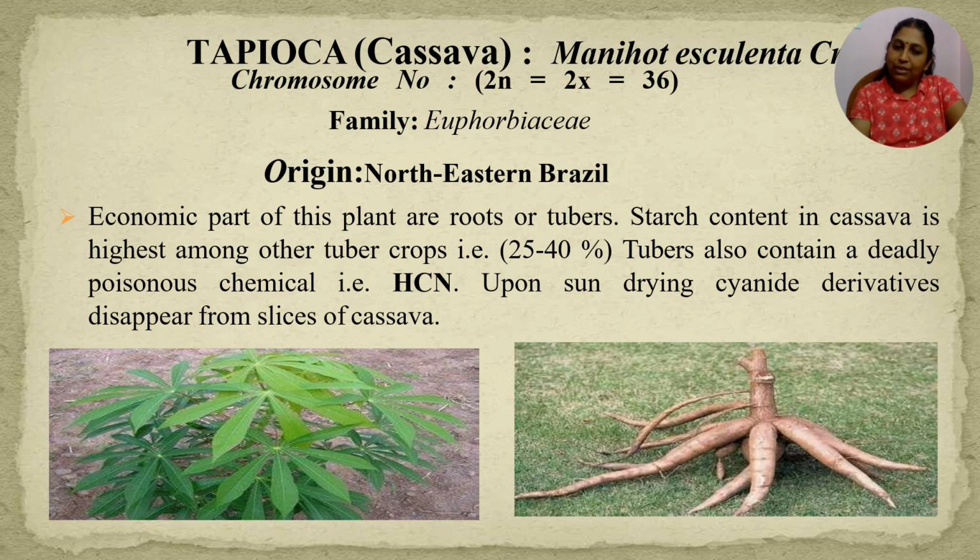Apart from the starch, it also contains a poisonous chemical, hydrogen cyanide. Normally upon cooking or upon drying, these cyanide derivatives will disappear from the cassava slices. No need to worry about this chemical hydrogen cyanide.